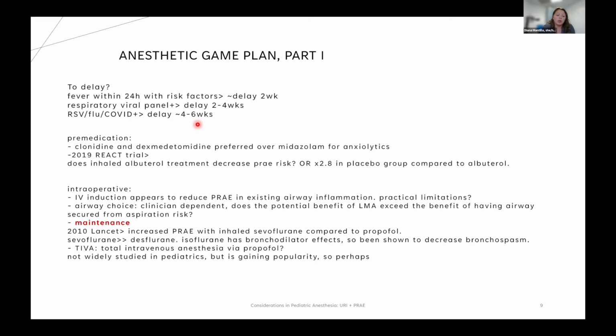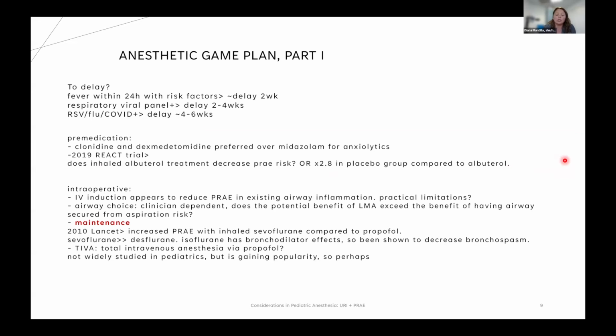So in terms of pre-medication, is there something that we can do in our anesthetic plan to prevent these respiratory concerns? And actually, the answer is yes. I wanted to specifically highlight this 2019 REACT trial. It wanted to assess whether or not inhaled albuterol treatments decrease the risk of PRAE.